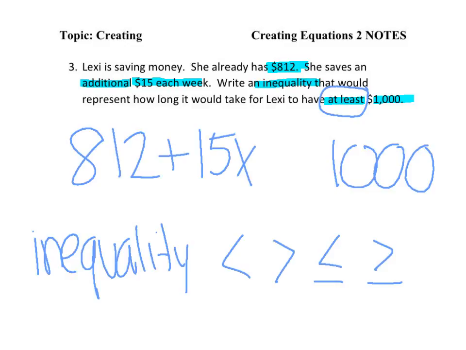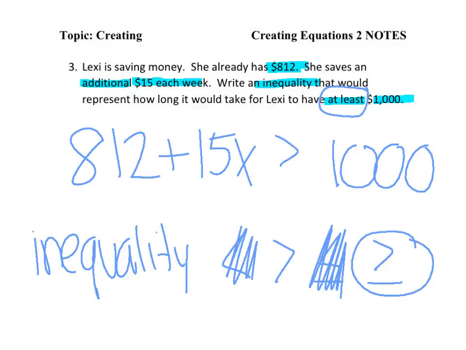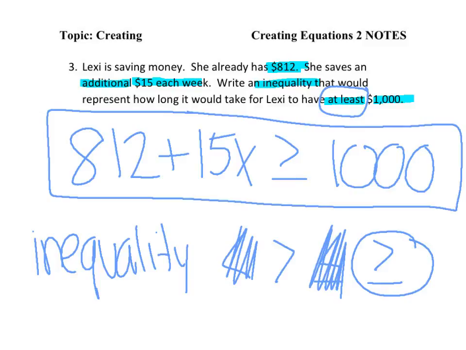Well, if the lowest amount we want is 1,000, then we need to choose the symbol that means greater than 1,000. Now, at least means it could equal 1,000. So we're going to use the greater than or equal to symbol. So our inequality for this scenario is 812 plus 15x is greater than or equal to 1,000.